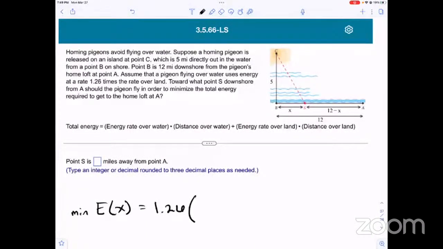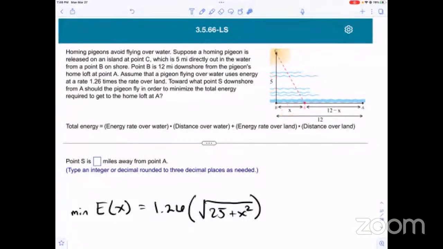That's similar to what we had before. Again, I just use the Pythagorean theorem for the right triangle: 5 squared plus x squared, and I take the square root. Then plus the energy rate over land, which I'm going to let be 1, whatever energy they use. And then the distance over land will be 12 minus x.